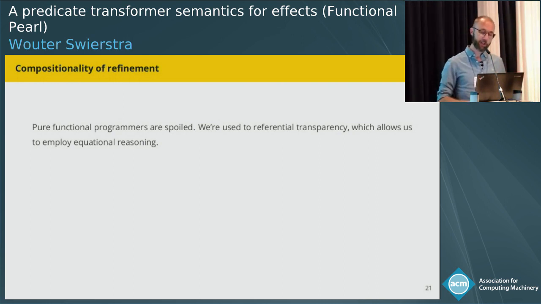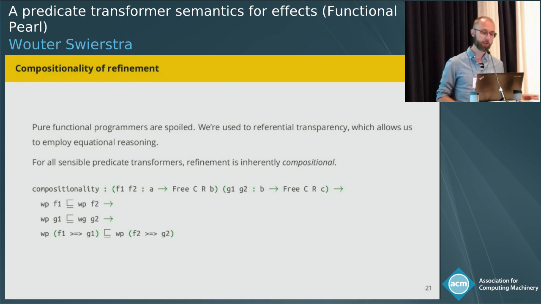But what's a nice consequence of all the machinery that we've constructed is that we get a very clean compositionality result, which says that for any 4 Kleisli arrows, if we take the Kleisli composition of F1 and G1 and want to refine it to F2 composed with G2, we can break this up into 2 completely separate parts. And this isn't always true when you start reasoning about effects, of course.